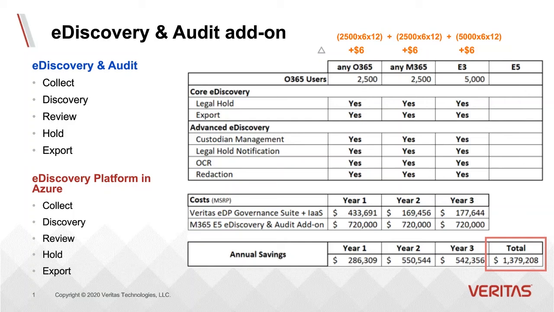Okay, fine, what does that come out to? Well, that's 180,000, 180,000, and 360,000 equals 720,000 per year. So this is where the math comes in. Just do the math, as they say. So it's a significant cost difference, and as Irfan will show you in future slides in these other rounds, 2 through 4, we're going to see that the functionality that you get with eDiscovery platform is superior.